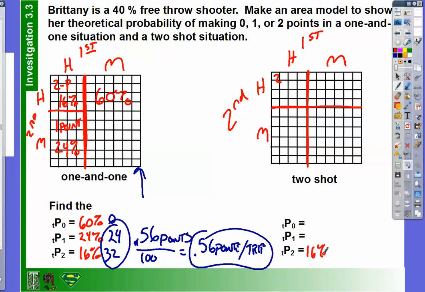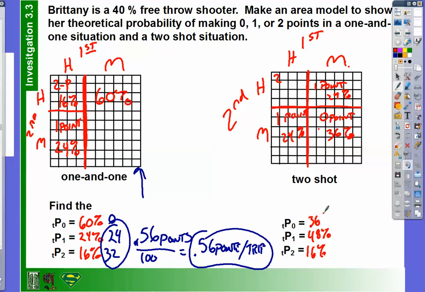But now I have a 1-point area and then another 1-point area, and they are of equal size. So we have 24% on this one, 24% she'll miss and then make. So 24% plus 24% is 48%. And then miss and miss, 0 points, is going to occur 36% of the time.